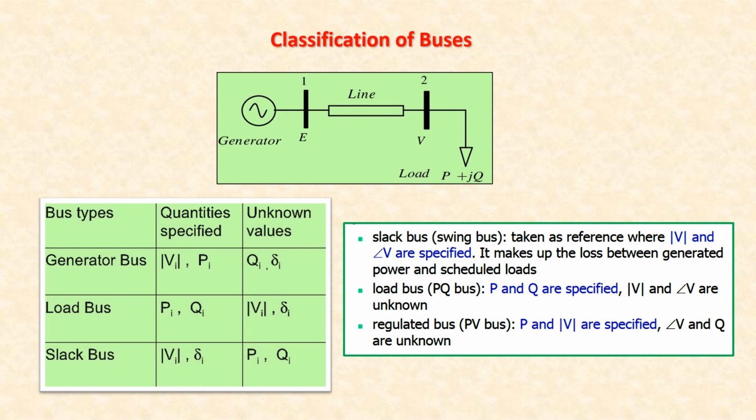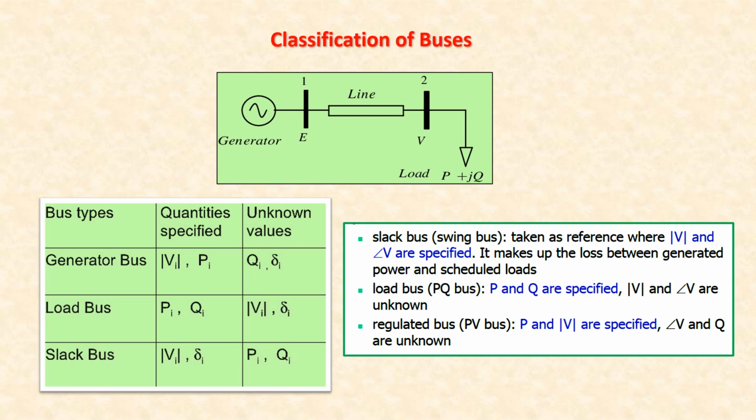In a power system, the buses are generally classified into 3 types: generator bus, load bus and the slack bus. The buses where the generators are connected are known as the generator buses. These buses are also known as voltage controlled buses or the regulated buses. We will be writing the designation of this bus as a PV bus because out of the 4 quantities that we have seen in the load flow equations, 2 quantities are specified for each bus.